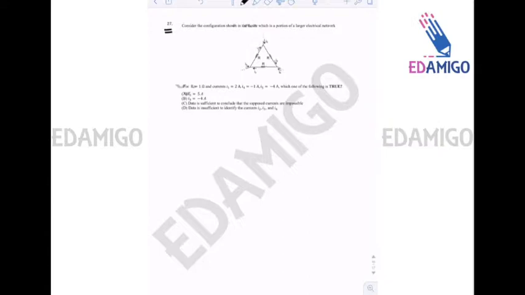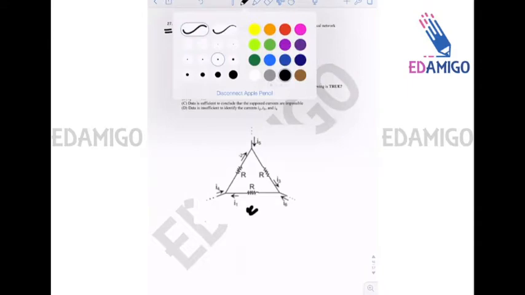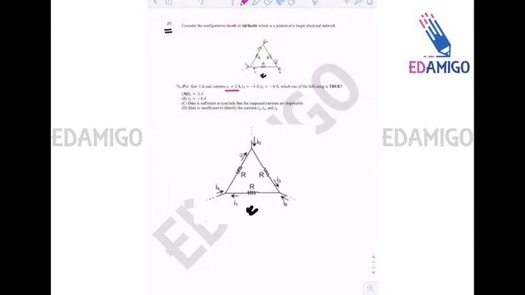This is a circuit given to us. Let me copy the figure first of all. As we know, I1 is equal to 2 amperes.